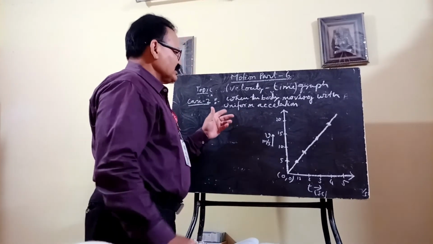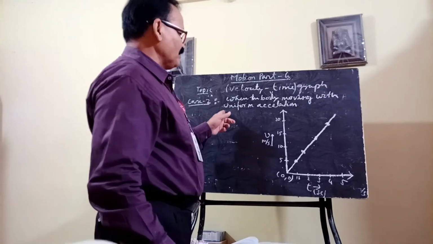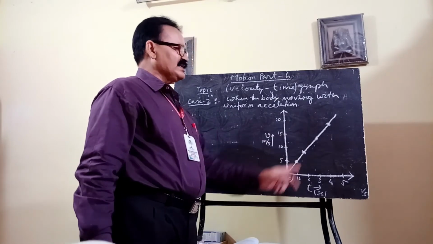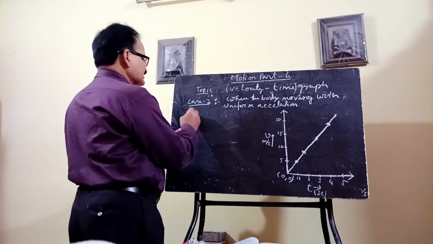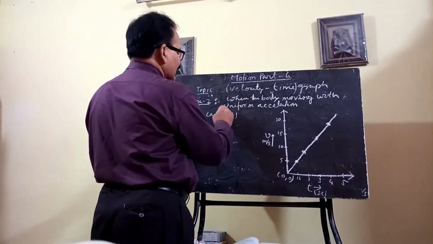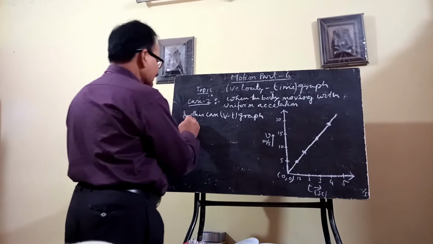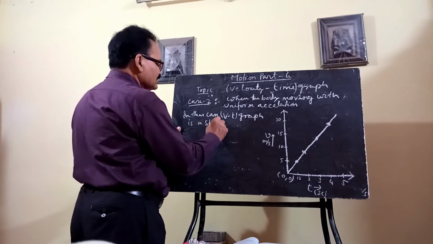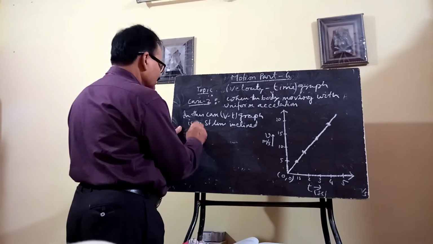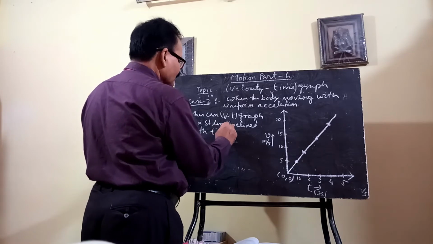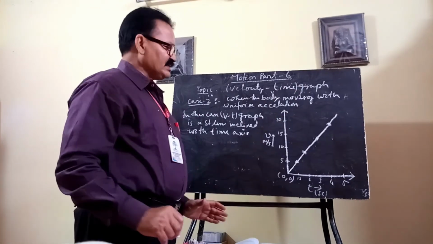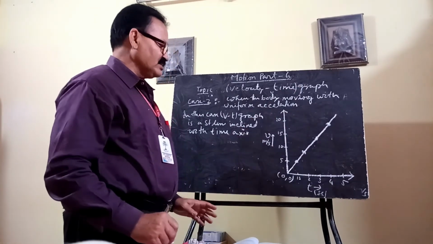So if we plot the velocity time graph for a body undergoing uniformly accelerated motion, the velocity time graph is a straight line inclined with the time axis.